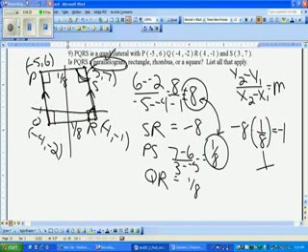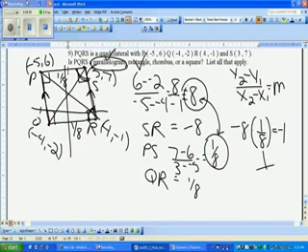Okay. Now we need to see if it is a rhombus, and if it is, it's also a square. Now there's different ways, but I think the easiest way is to take a look at the diagonals. If the diagonals are perpendicular, then you have a rhombus.